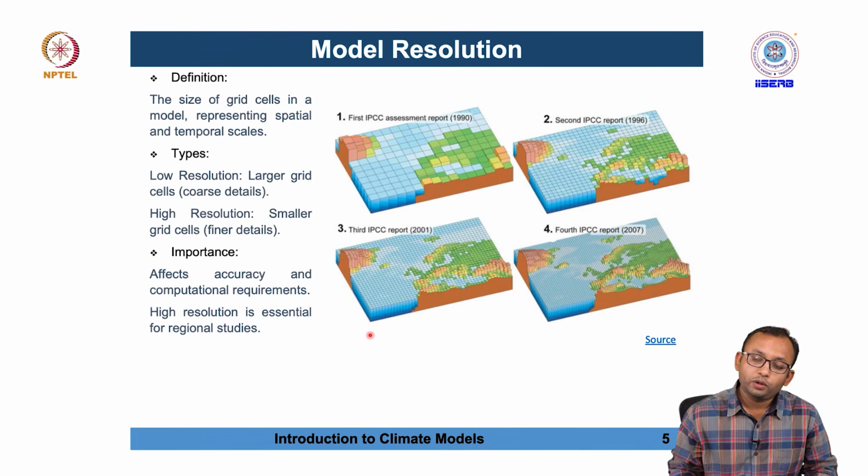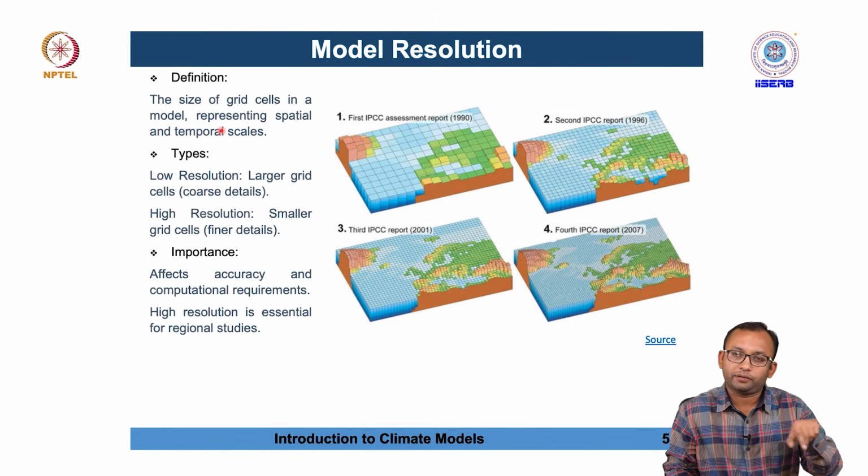When we talk about global climate models or different types of climate models, the model resolution is one of the important characteristics or properties which we have to look at. So what is resolution? Resolution is defined as the size of the grid cell in a model. What is a grid cell? It basically covers a certain part of the area.